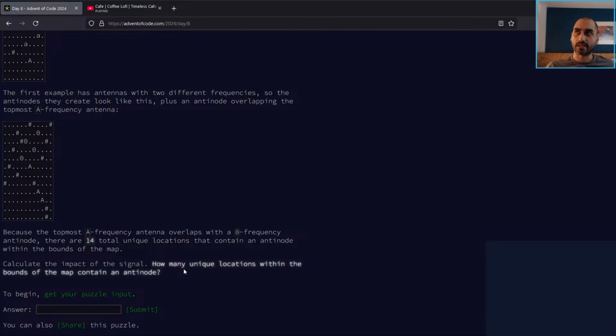Do it the other way, and that gets you 1 antinode. Check whether they are in the grid, and then iterate over all pairs of 1 frequency. We don't want to iterate over all pairs of antennas, because we can cut that down just by restricting to all pairs within one frequency group.